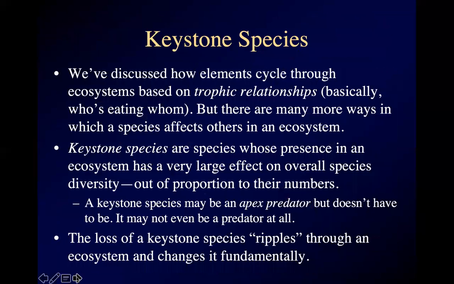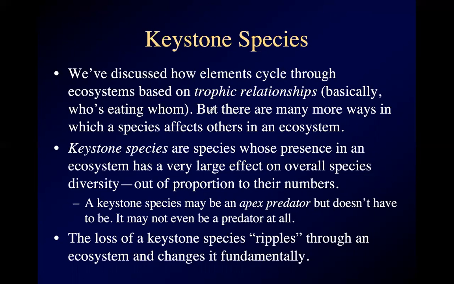Okay. We've talked about how elements cycle, and a lot of it's driven by trophic relationships, basically who is eating whom. You get your carbon, you get your oxygen from the air, but you get your carbon, nitrogen, phosphorus, and sulfur, right? You get a lot of your CHNOPS from what you eat.